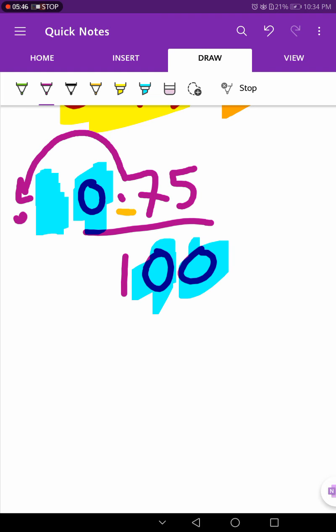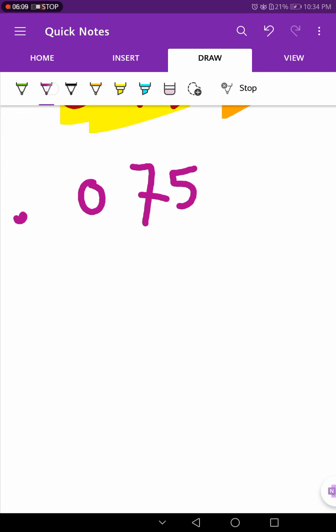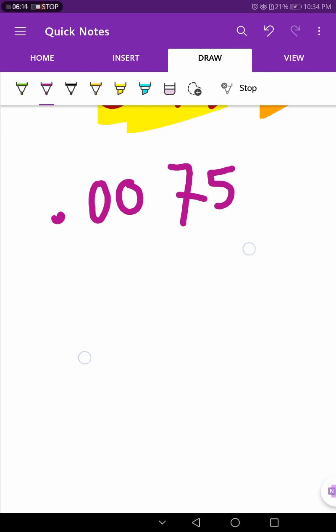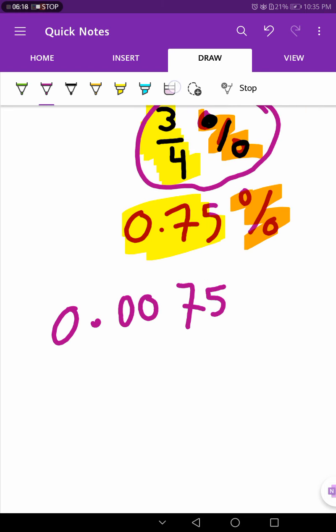Okay, and for the empty one, fill it with 0. Now erase this and this and this. We cancel this, see. Okay, and cancel this one. Okay, see, it is 75 ten-thousandths, and you can set 0 here for decoration. It is easy and the same idea.